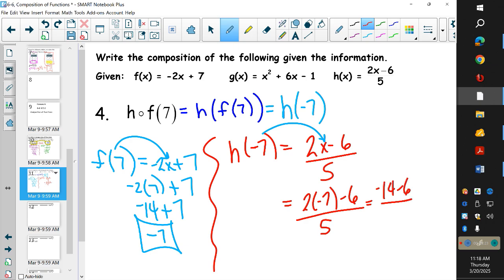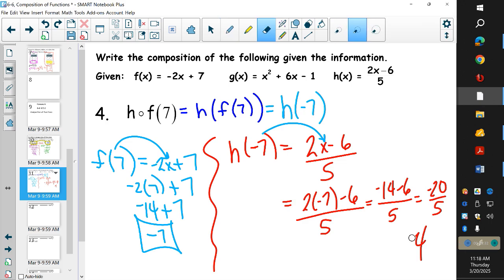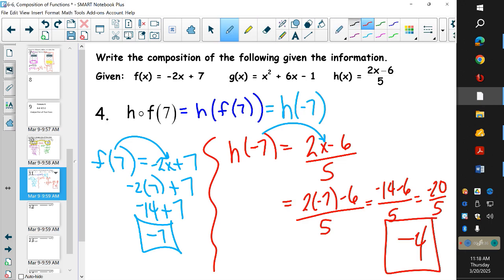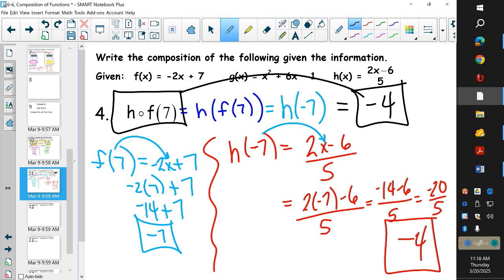Negative 14 minus 6. Negative 20 divided by 5. What does negative 4 represent? It is going to represent H at negative 7, which corresponds to H at F of 7. Y'all good? Yeah?